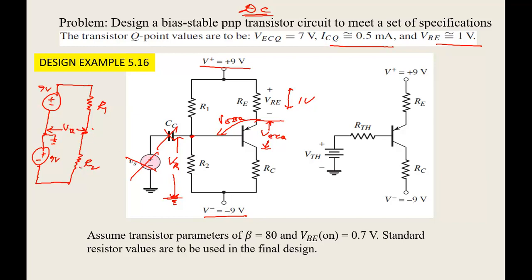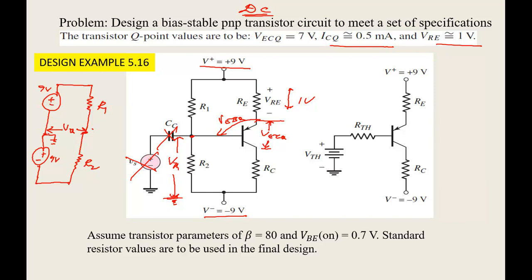So we can use the superposition theorem. Consider one source at a time and find out your VTH. If the top 9 volt is there and the bottom 9 volt is grounded, then VTH will become the voltage across the resistance R2, so it will become R2 by R1 plus R2 into 9 volts.